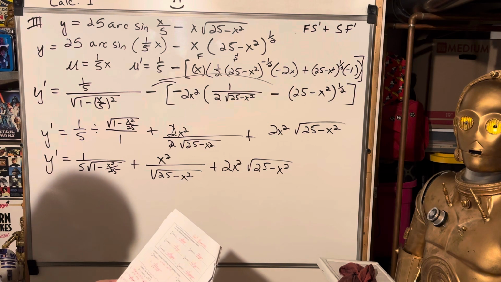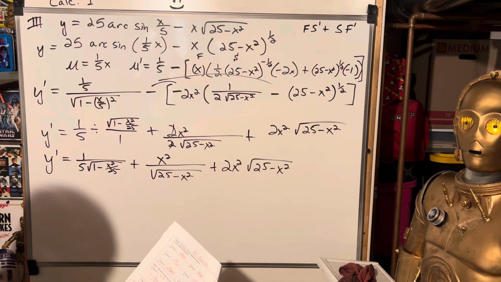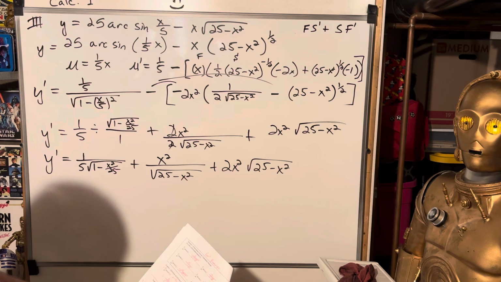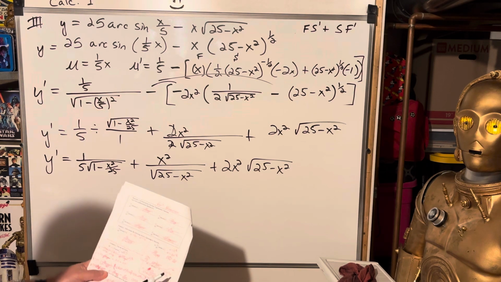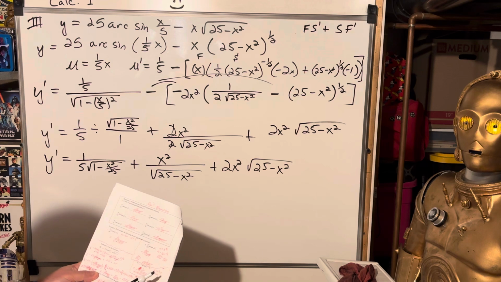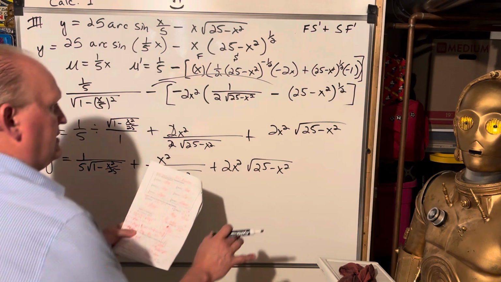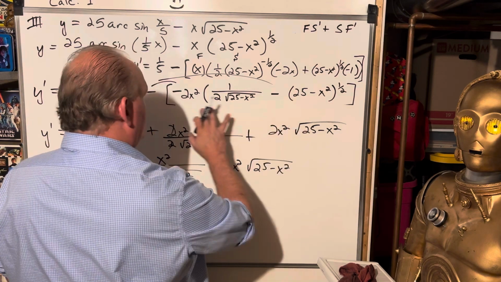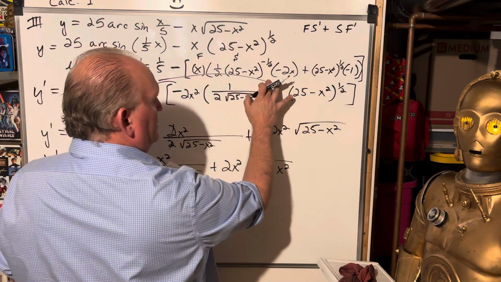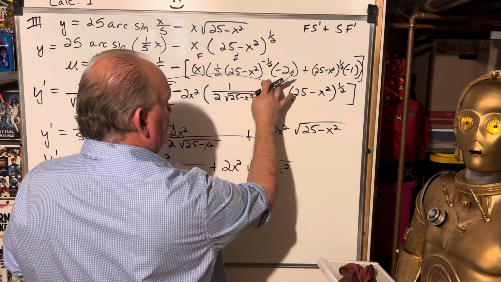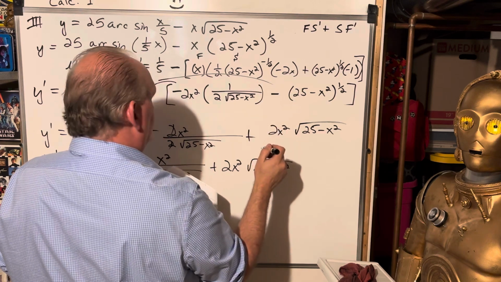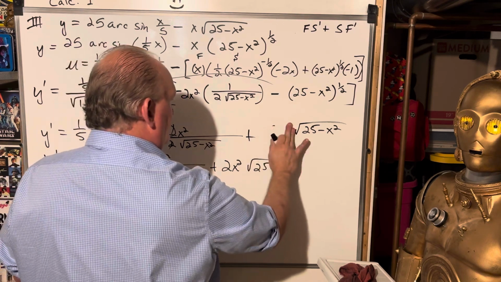I got that. 25. Oh, that 2x isn't going on there. Wait. The 2x is only on the first term. So not there.